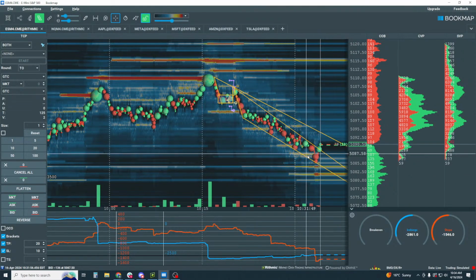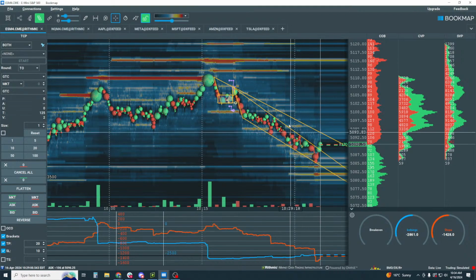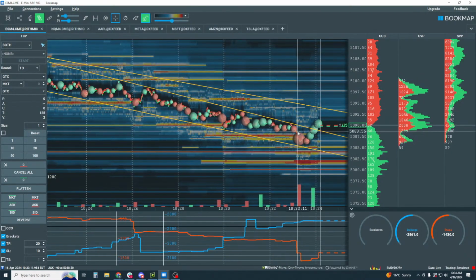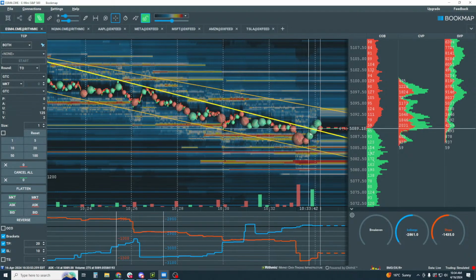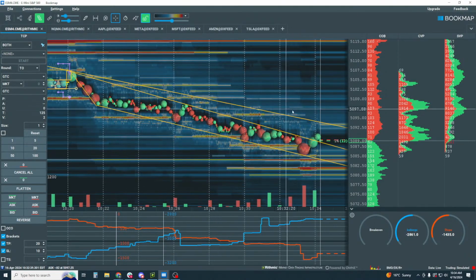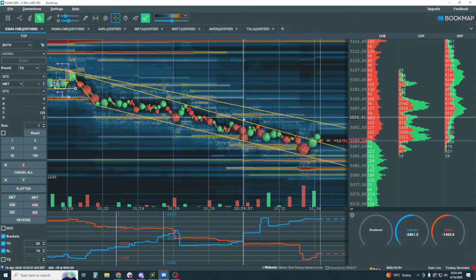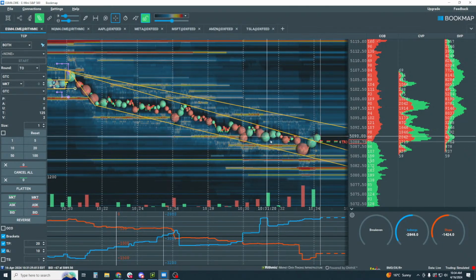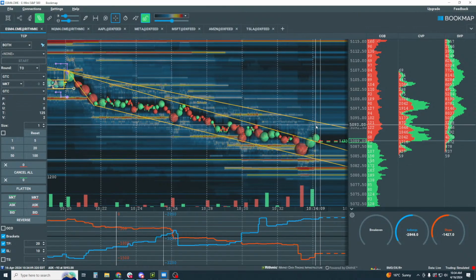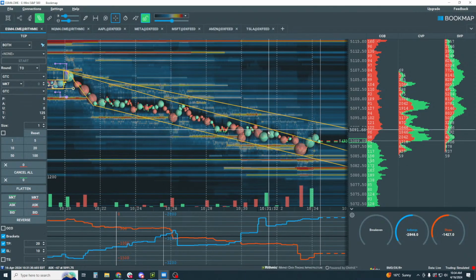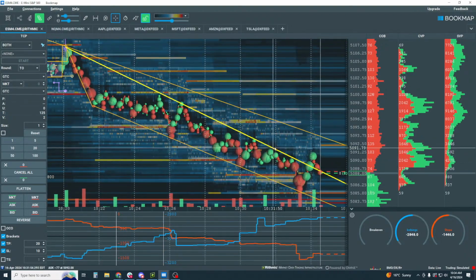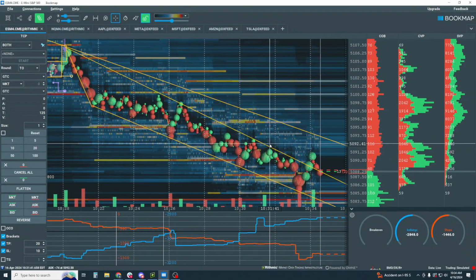This was the pattern that we saw yesterday as well. We were looking for a nice little inverse head and shoulders. We didn't really get that. Instead, we got this kind of ascending wedge type of pattern, or three hits to the low, and then the market just gets yanked away by the buyers. Remember how we were looking for it in here? We saw clusters, and it kind of covered it.